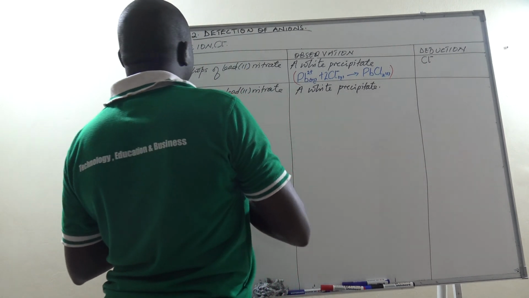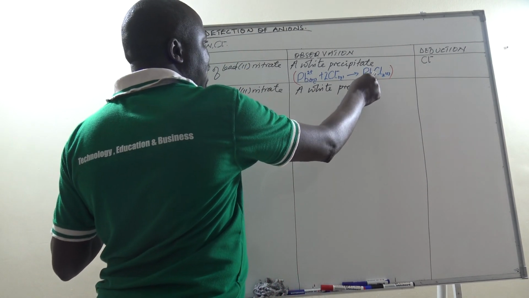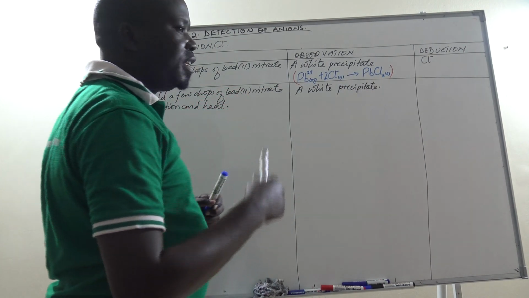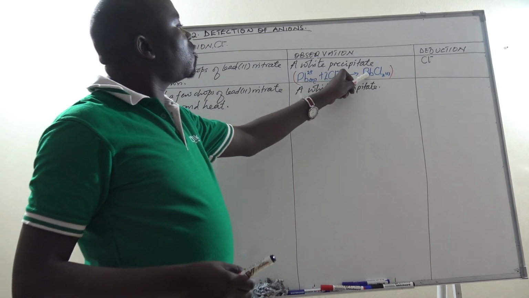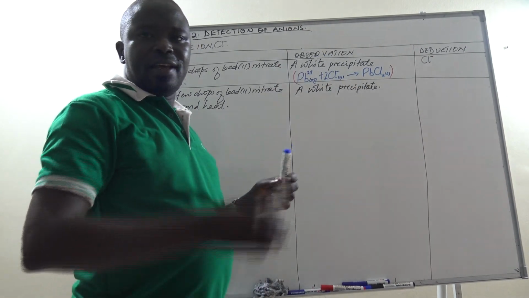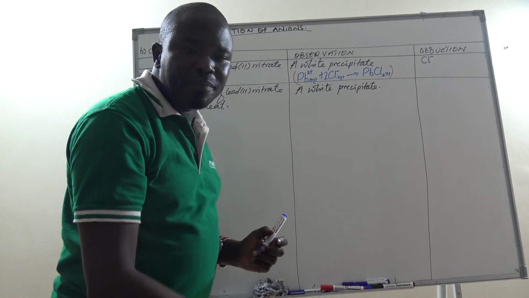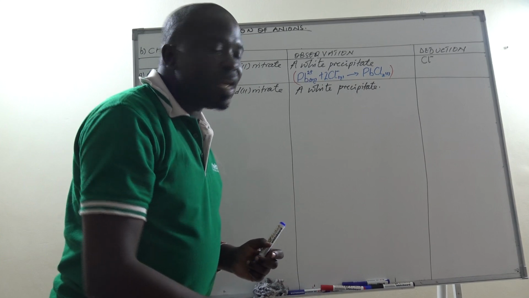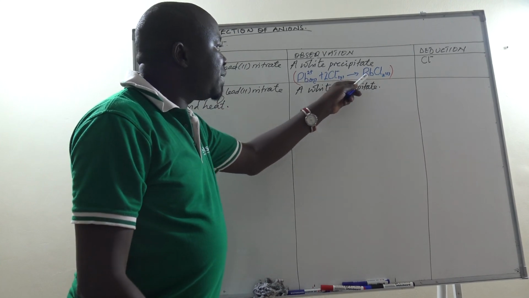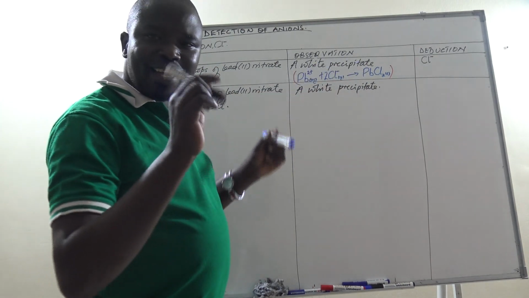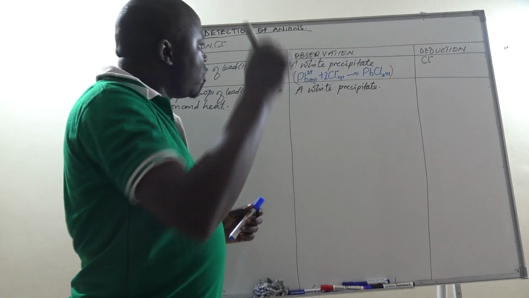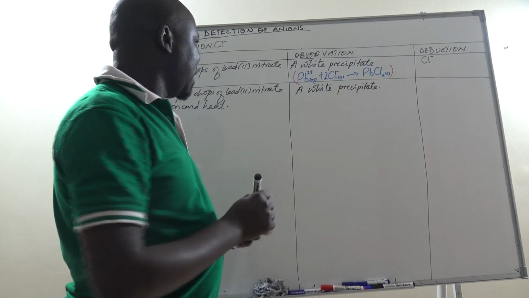Now, we must know that this reaction leads to the formation of lead(II) chloride, which is an insoluble salt, which will be precipitated. Now, lead(II) chloride, if you heat it, it dissolves. On cooling down, the precipitate reappears. That means that it has a high solubility at a high temperature, and a low solubility at a low temperature.